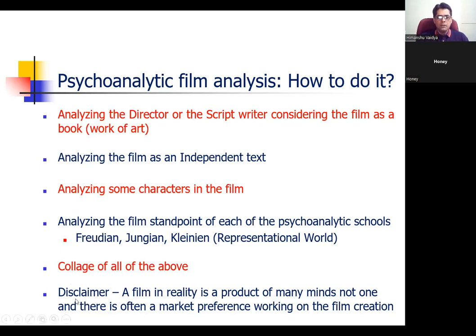One small disclaimer: a film in reality is a product of many minds, and there is also an aspect of market preference. So it is not a work of pure art. There is market influence and influence of multiple minds in the creation of a film. We will oversimplify this reality to say that Arthur Conan Doyle is the sole creator of what we see in the episode.